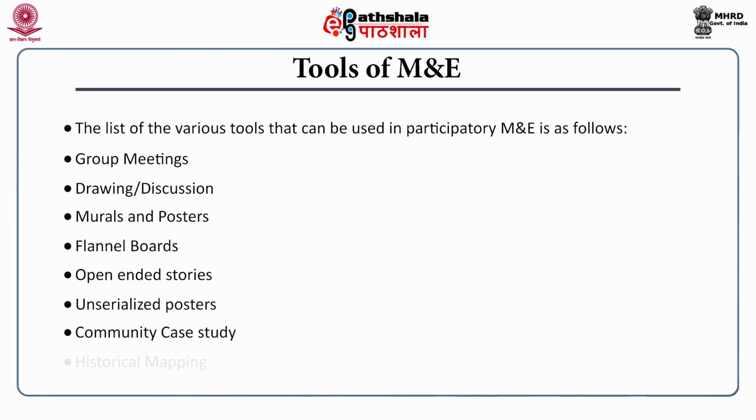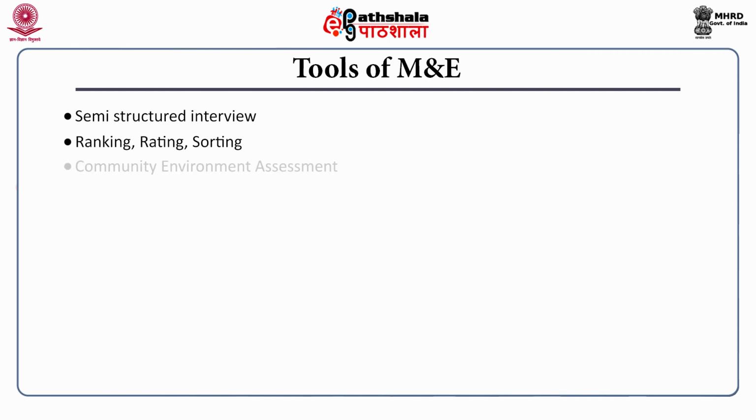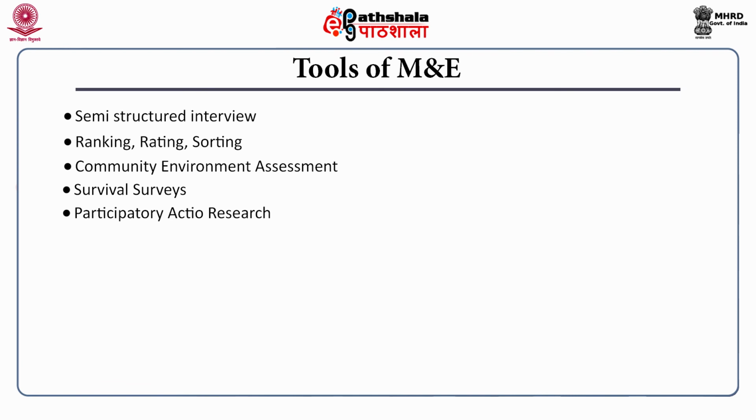Number 8, historical mapping. Number 9, semi-structured interview. Number 10, ranking, rating, sorting. Number 11, community environment assessment. Number 12, survival surveys. Number 13, participatory action research. Number 14, maps and mapping.